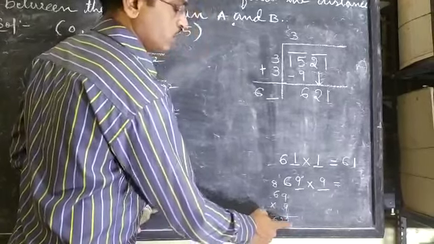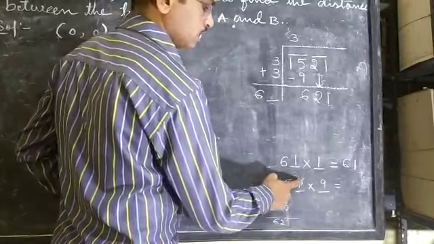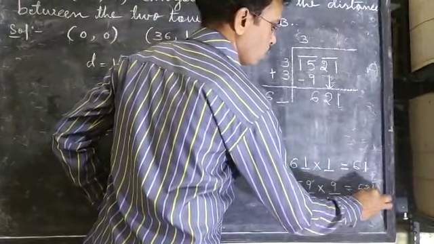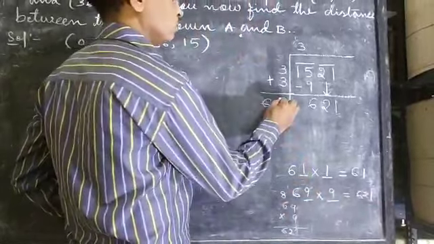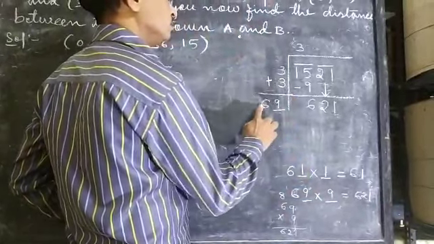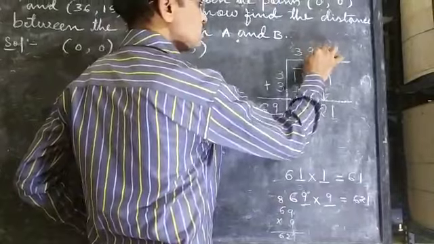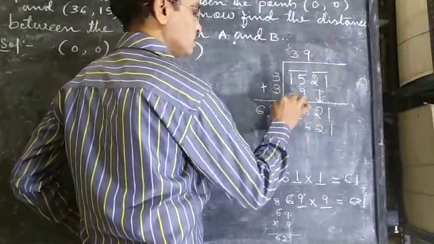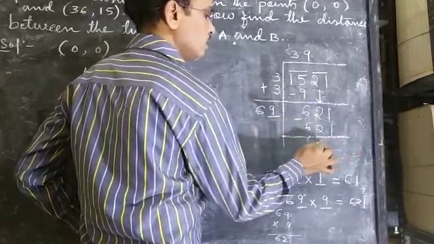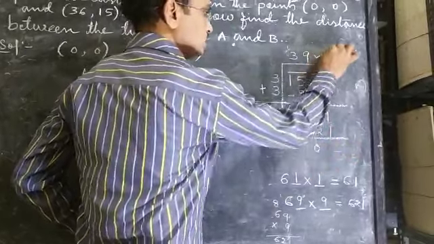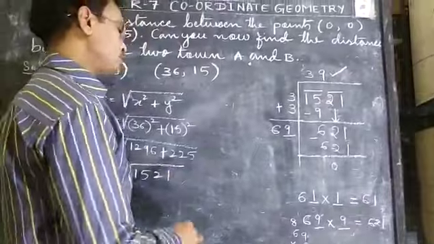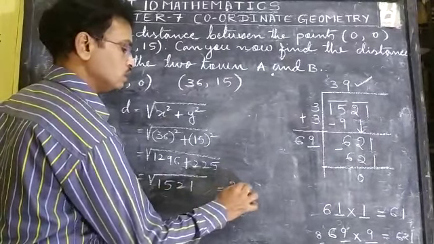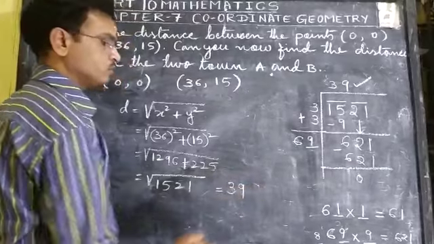We got 621. That means 69 into 9 is 621. So here we should take 9. 69 nines are 621. Then subtract. What is the remainder here? 0. What is the answer? 39. That means the square root of this number is 39.